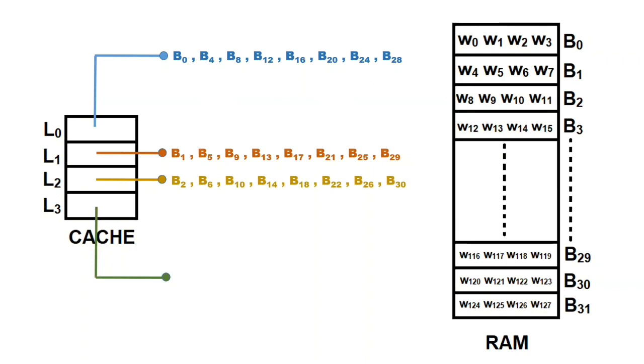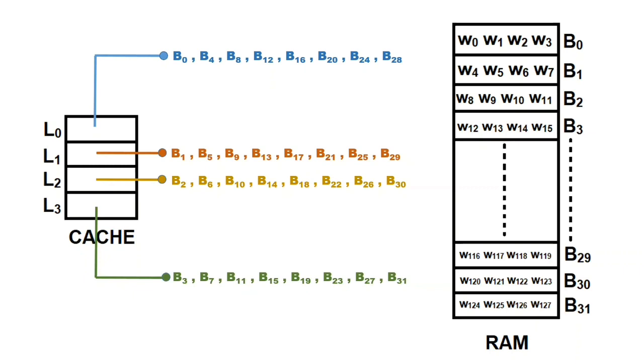Here are also 8 blocks, any one of them will come inside L2, and any one of them will come inside L3. Now see an interesting fact, that here the particular 8 blocks will come inside the same line of the cache.